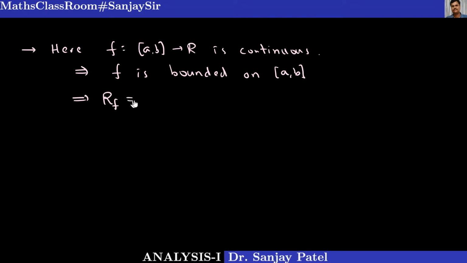If f is bounded on closed interval ab, it means the range of f, which is nothing but the image set of closed interval AB under F, which is denoted by this symbol, is actually given by set of all f of x such that x belongs to closed interval a comma b.